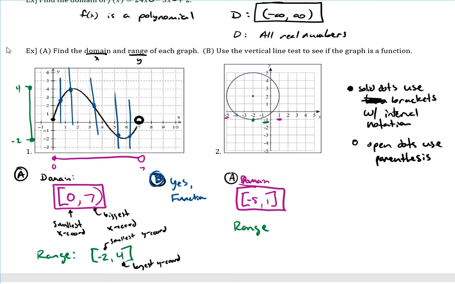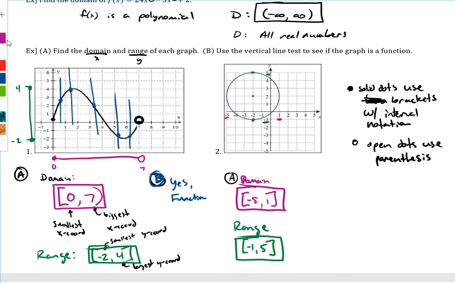And then drawing upward, it looks like +5 is my biggest one. Actually, let me just underline the 5 there. So this one is -1, the smallest y coordinate, to 5, the biggest y coordinate. And then that's it. So there's our range for this graph.